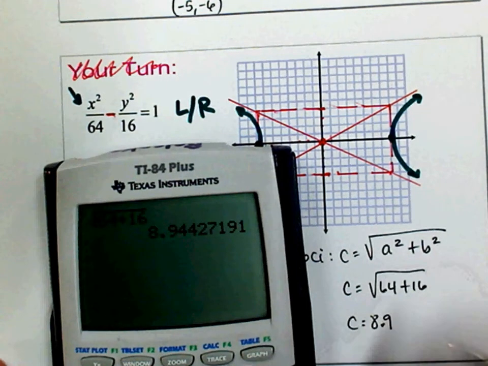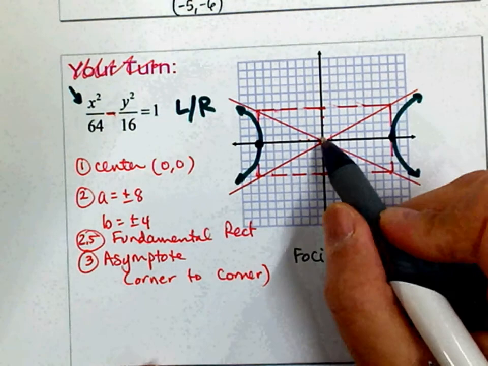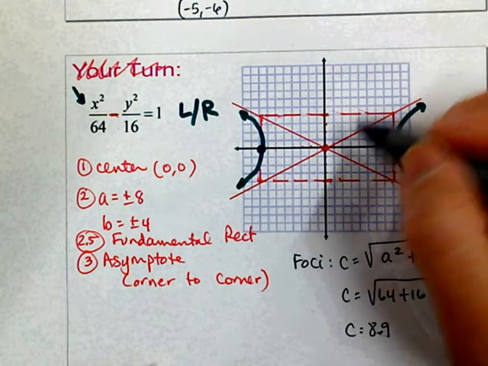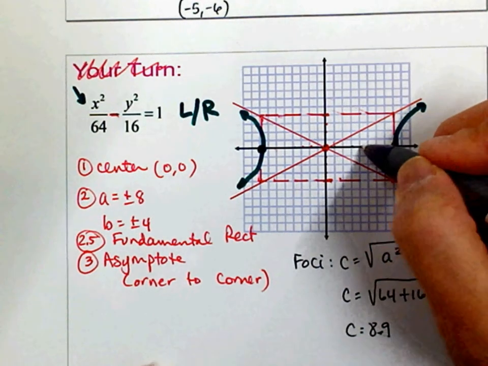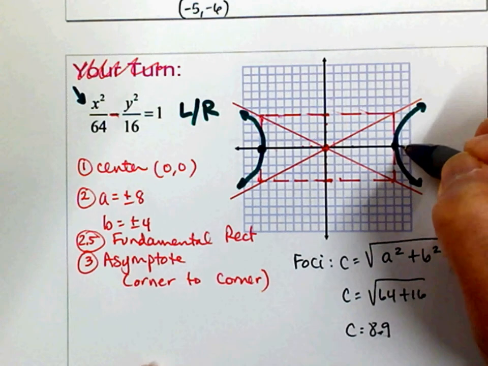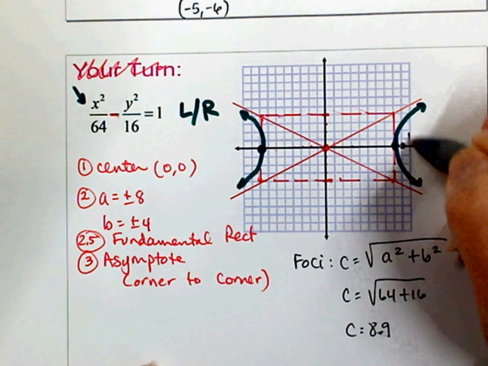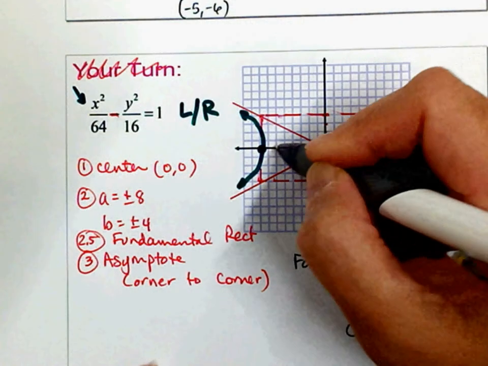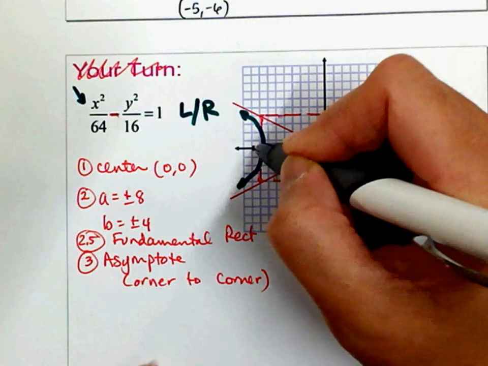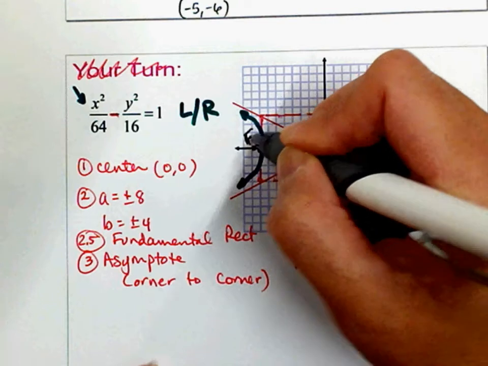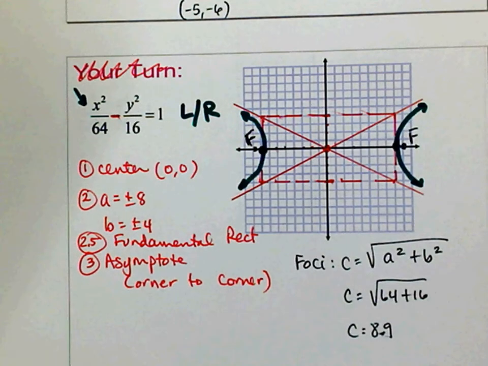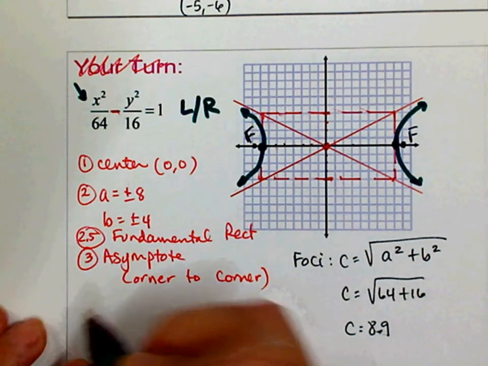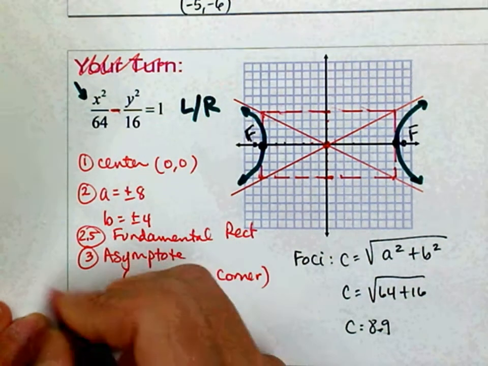Notice from the center, you're going to go in the direction of your hyperbola, and you're going to count 8.9. 1, 2, 3, 4, 5, 6, 7, 8, 9. Almost right there, and there's your foci. Okay? That's it. So it's easier if you use your ellipse.